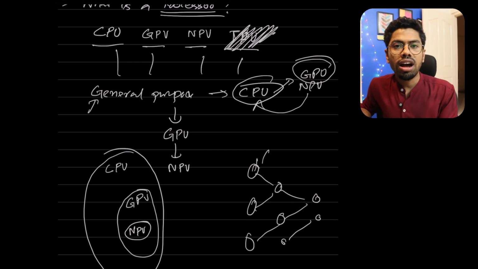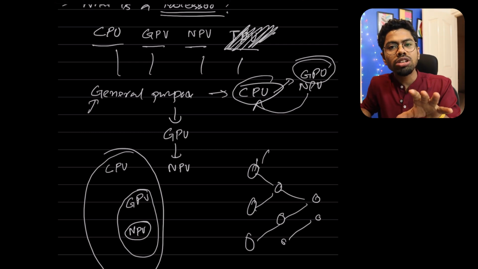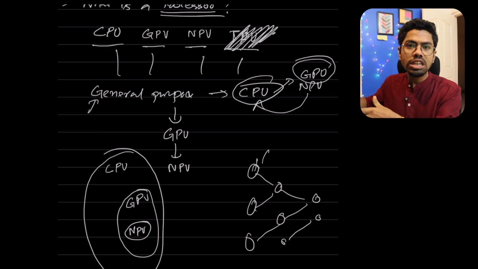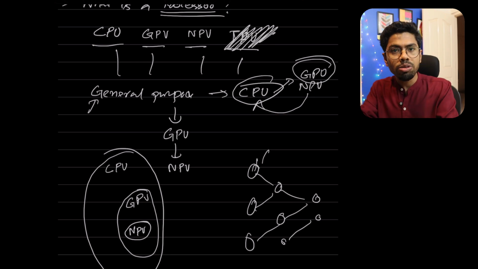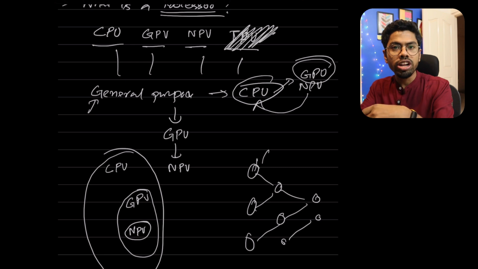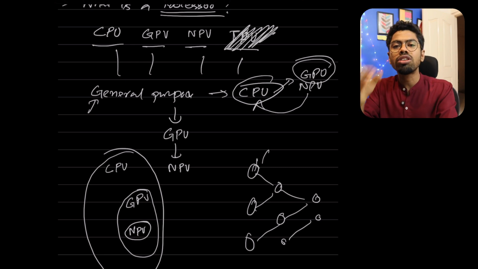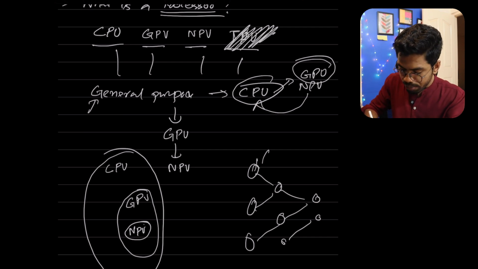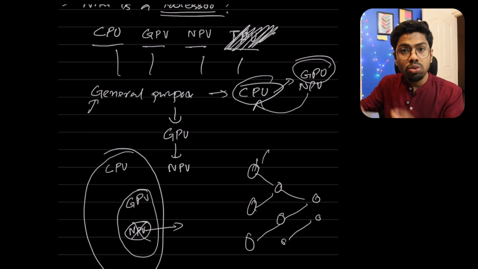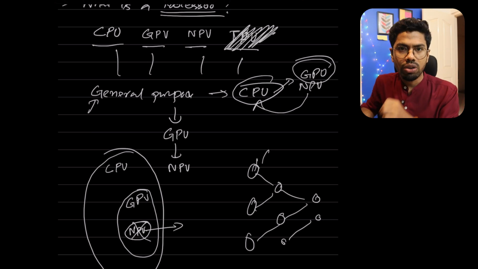For example, you have heard about ChatGPT. ChatGPT also needs a neural processing unit to run its model, because that algorithm is written in such a way that there is a lot of matrix multiplication, and therefore NPUs are mainly designed to do that particular work only.